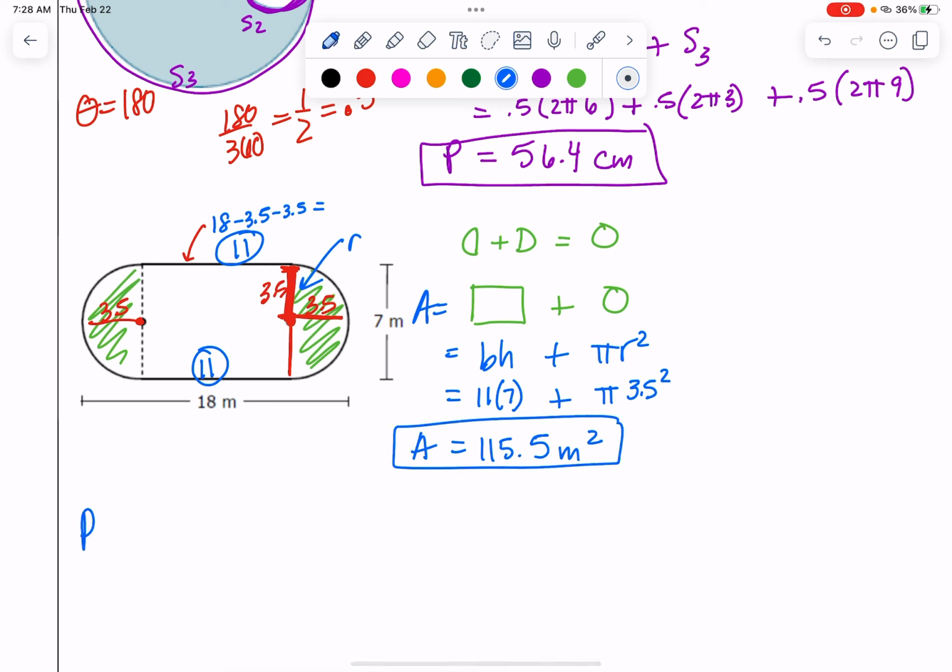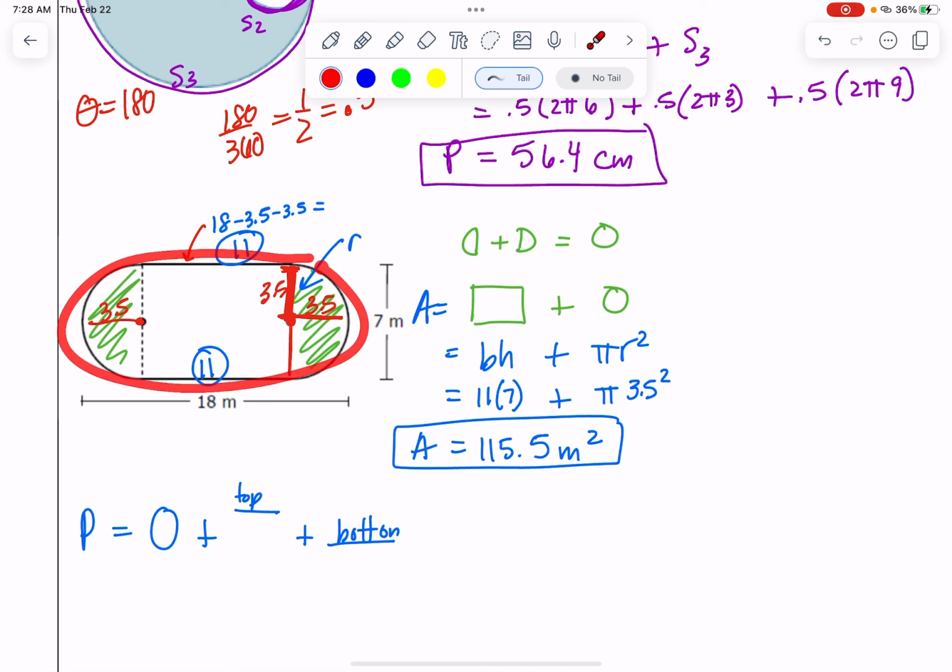Now for perimeter, I still have a circle, but I only have the top and the bottom of the shape. I'm not doing the sides. If I put a fence around this whole shape, it doesn't go here. So I just need to do 11 plus half a circle, 11 plus half a circle.